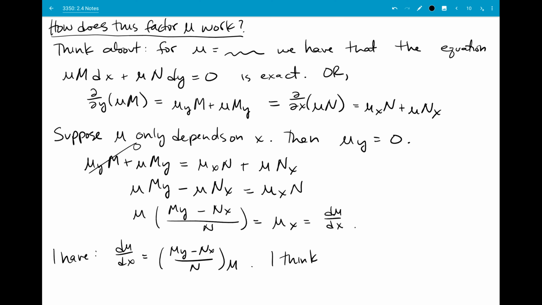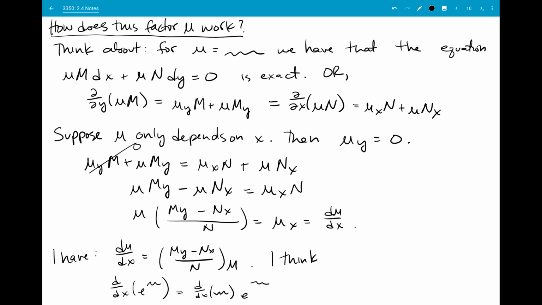Now I'm going to remember that every time I have d dx of e to some stuff, that derivative is d dx of the stuff times e to the power of the stuff. That's a property of derivatives that you should be familiar with from calculus, and it always keeps coming back up.